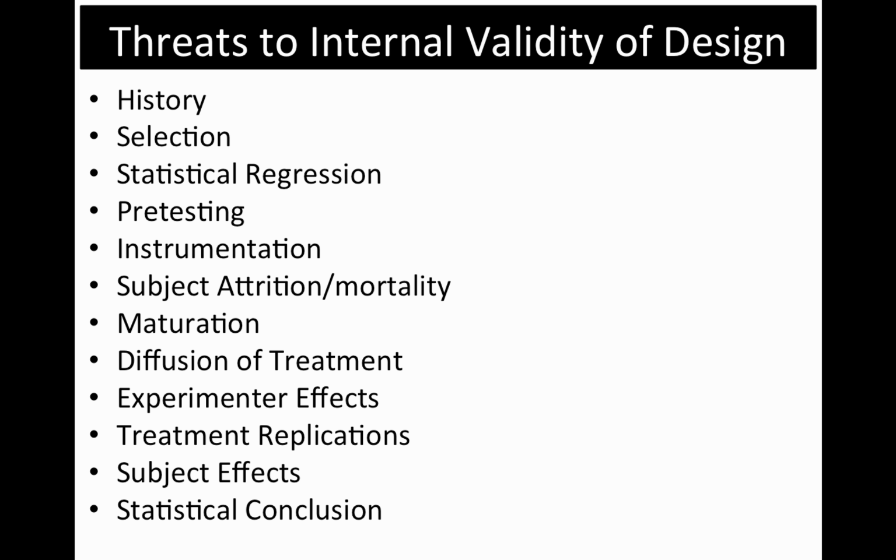Selection. There are two types of selection threats to consider: those that occur in experiments and ex post facto designs, and threats related to sampling. In experiments, groups of subjects are formed in order to study an independent variable of interest. If there is a systematic difference between the groups, however, it is possible that the results may be due to those existing differences.